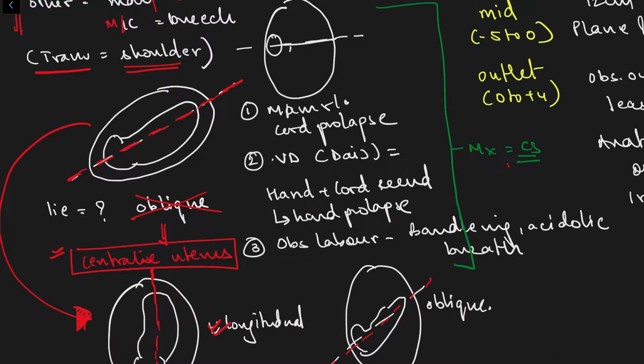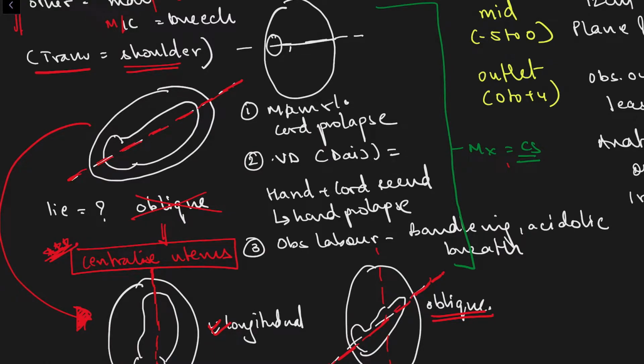Hence, this will be a longitudinal lie. And if the axis of the fetus is oblique to the axis of the uterus, then only we will call it an oblique lie. Very important is to look at the centralization of the uterus before telling about the lie. All right.